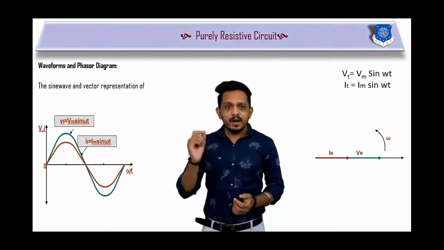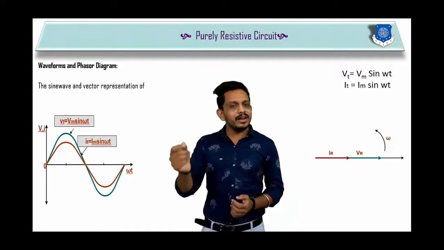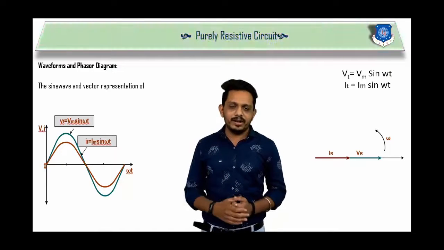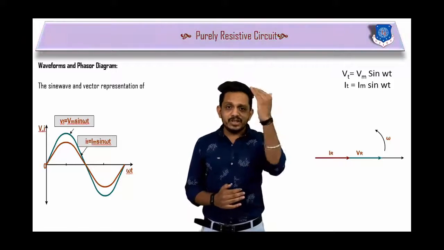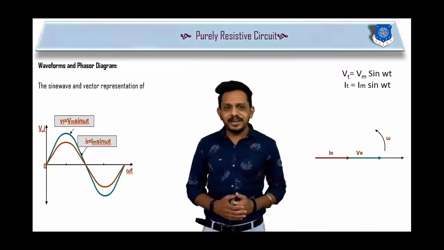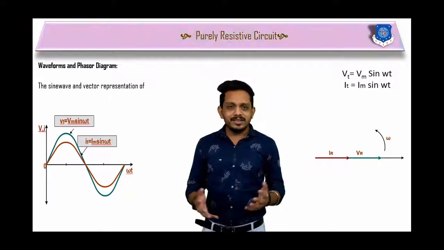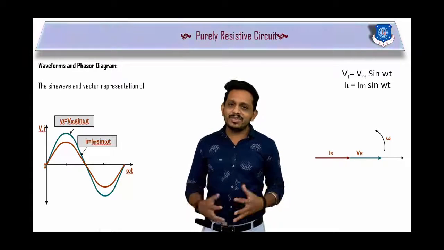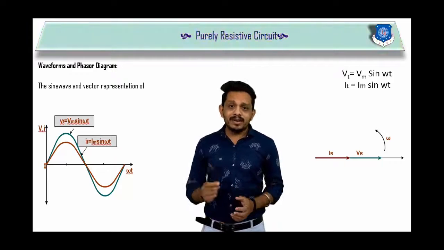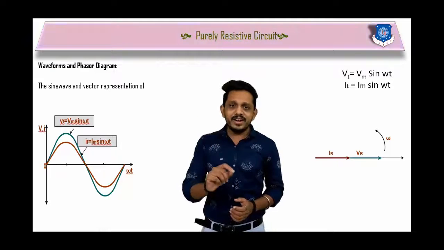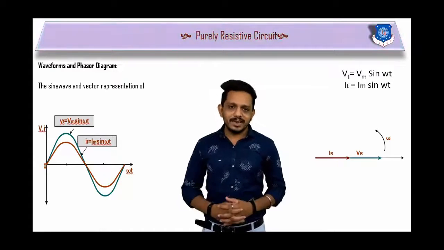That means if our voltage is 0 at 0 angle, then current will also be 0 at 0 angle. If our voltage reaches maximum at 90 degrees, then current will also reach the maximum value at 90 degrees. But the magnitude of voltage and current is not the same. Magnitude might be different, but at 90 degrees both will reach their maximum value.